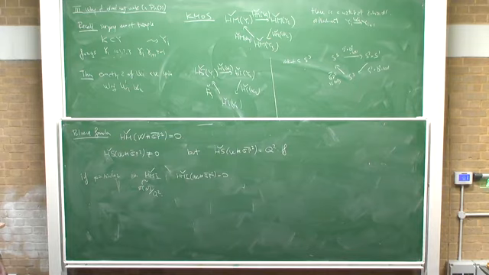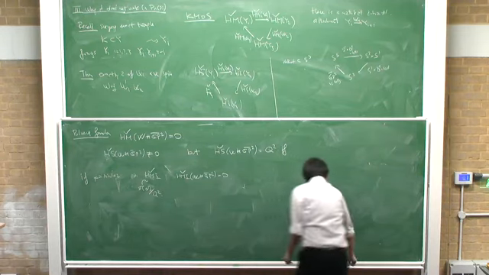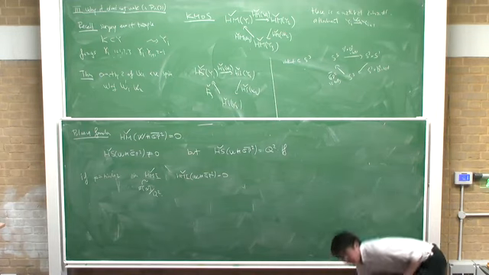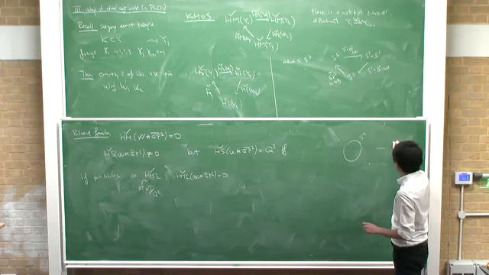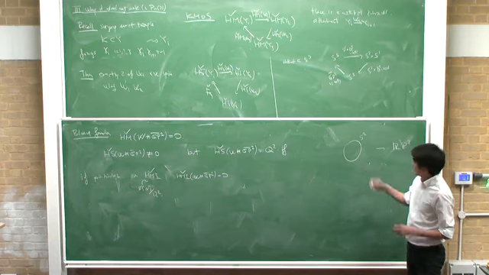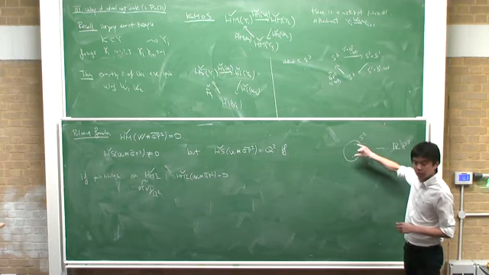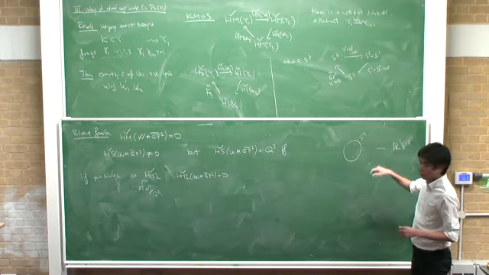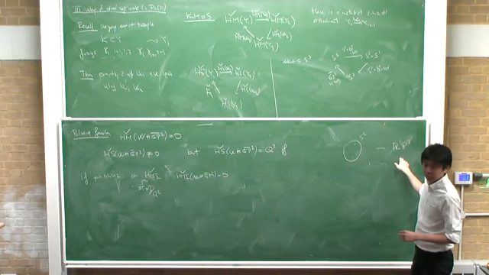Can you explain why this blow-up formula works? Yeah, so essentially, it's always about RP2. So this is S2, and you have RP2. Now essentially, if you pick two points here, and you quotient by the antipodal map, the quotient of the two points gives you a generator of RP2.